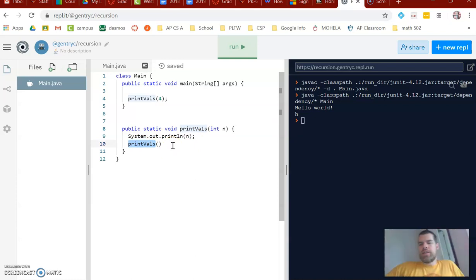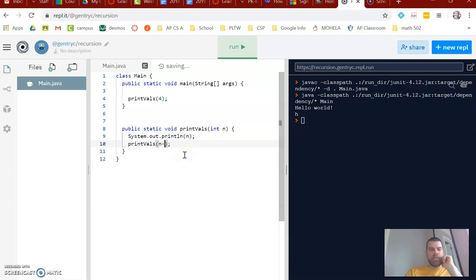What do you think this is going to do? Of course it matters what I send. If I just called printVals with n, we'd print n, we'd call printVals with n, and it's pretty obvious we would end up in an infinite cycle of printing whatever that number was.